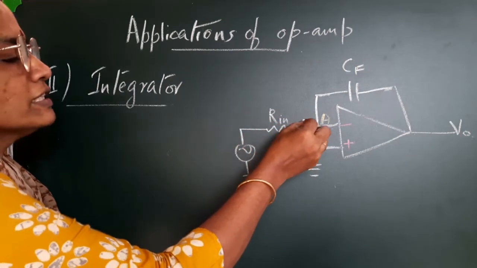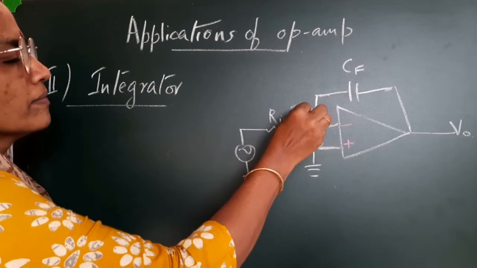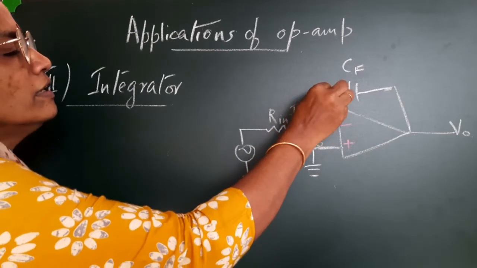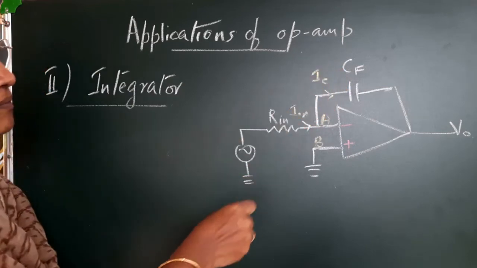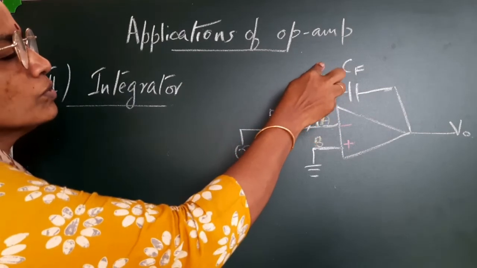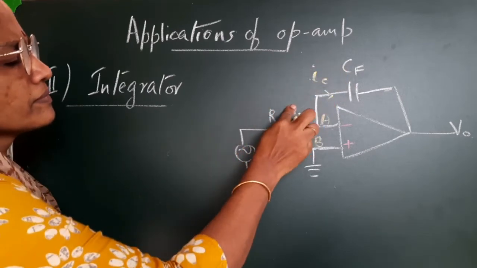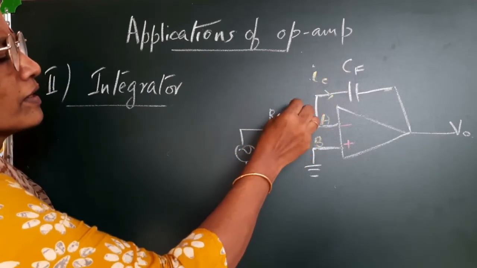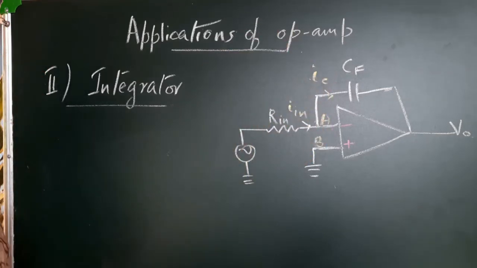If I call this current In, then this current I will now name it as IC. In fact, I would prefer to denote it by small letter ic. So, In is equal to ic.